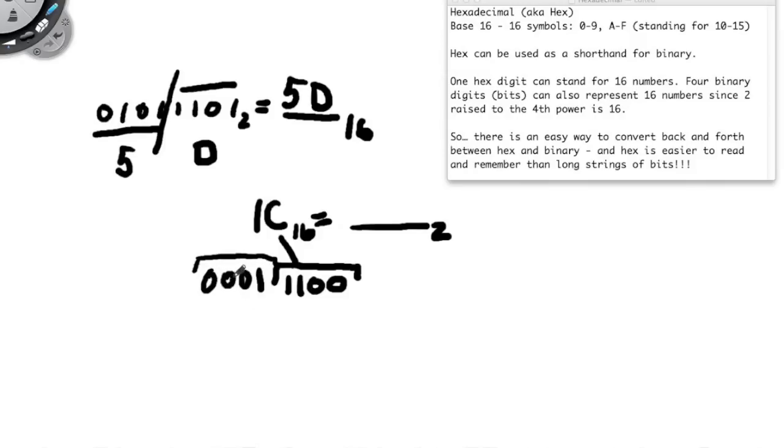No 8s, 4s, 2s, just a 1. So we're saying that 1C in hex is equivalent to this number in binary, and we can convert both of these to decimal to find out. In base 16, this is the 1s place and the 16s place, and we've done this a minute ago. That's equal to 28 in base 10: 16 plus 12 times 1, so that's 28.